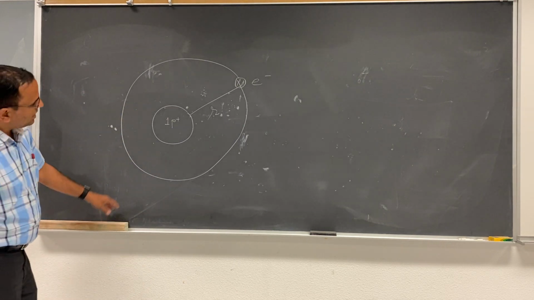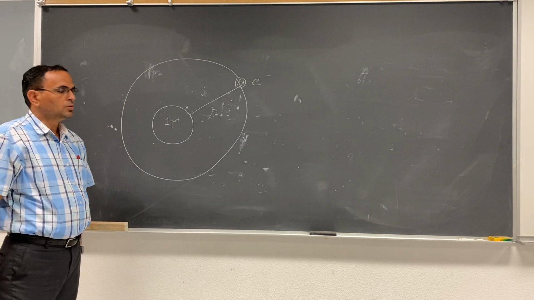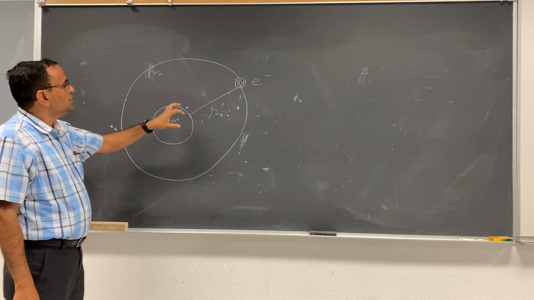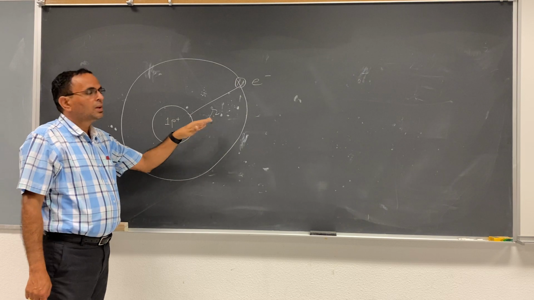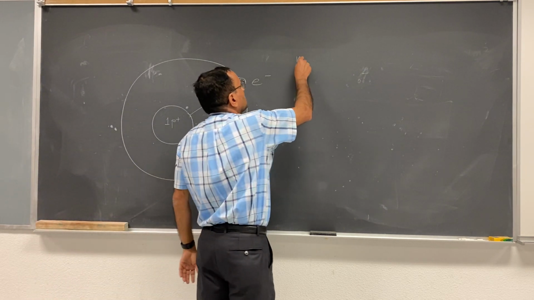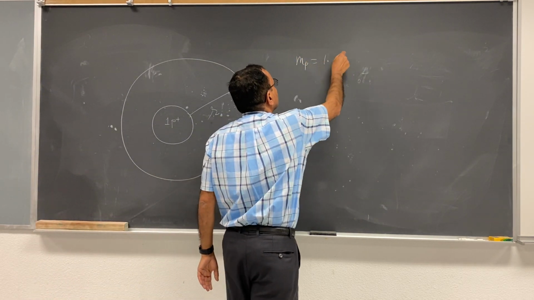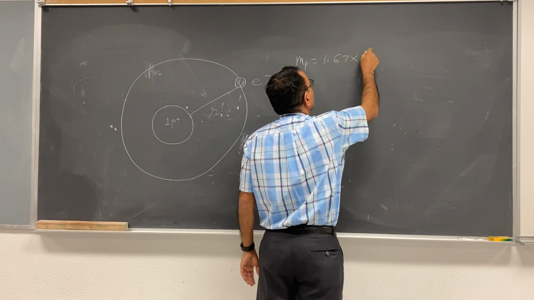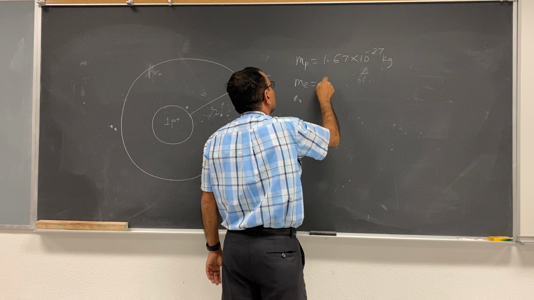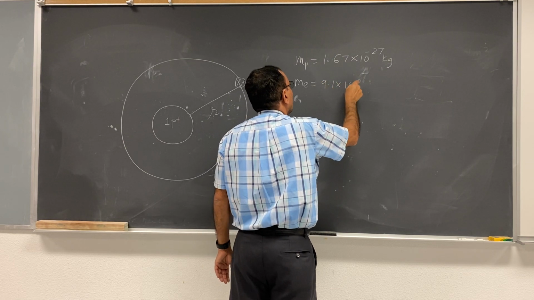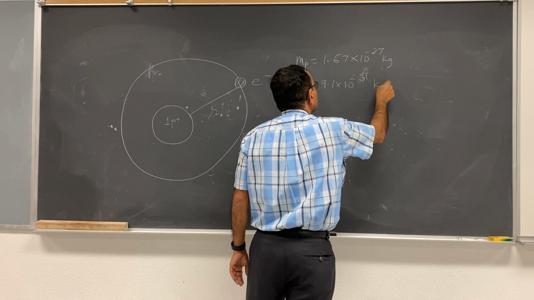It is spherical, I mean you draw it like circular, okay? So the distance between the proton and electron is radius of the hydrogen atom. And you know that mass of proton is 1.67 times 10 to the power negative 27 kg. Mass of electron is 9.1 times 10 to the power negative 31 kg.